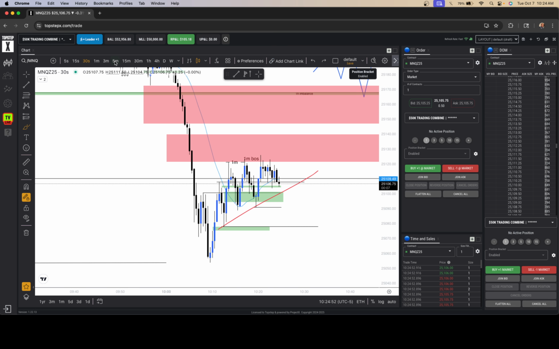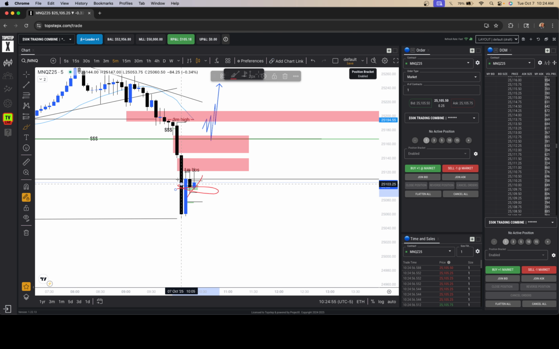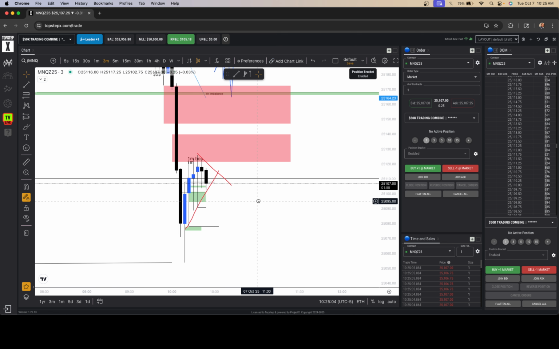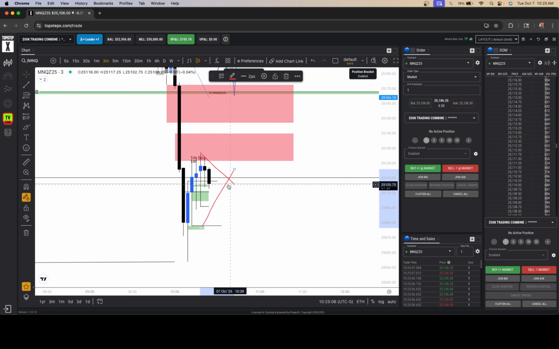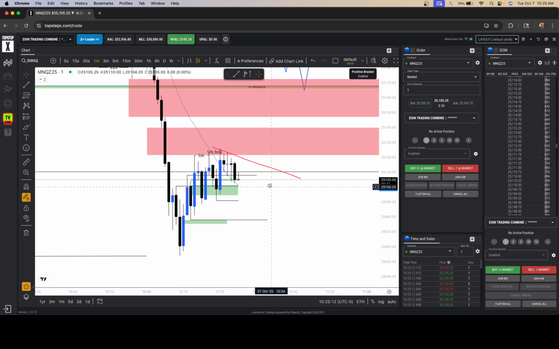So really, we're kind of even, in my opinion, in price. If we go to the 5-minute or even the 3-minute, there is no imbalance holding us up. So I think we're gonna push down lower here. We have 150 until we get lower.